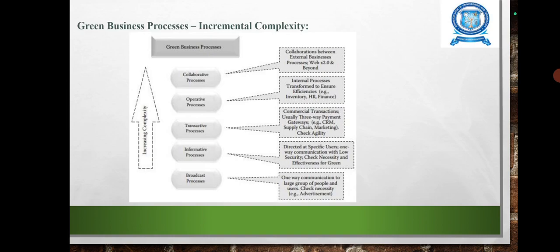Next one is collaborative processes. When multiple organizations interact with each other through collaborative, that means web-based processes, the carbon generation is not only significant, it is also increasingly challenging to trace, and the organizational boundaries of this process are extremely fuzzy.